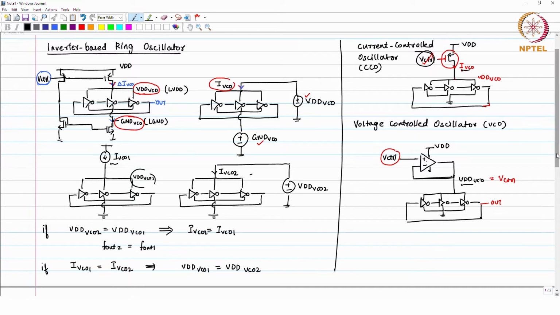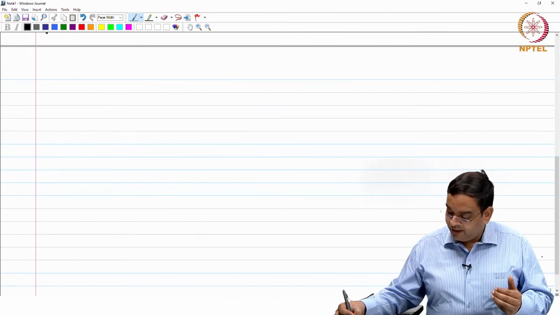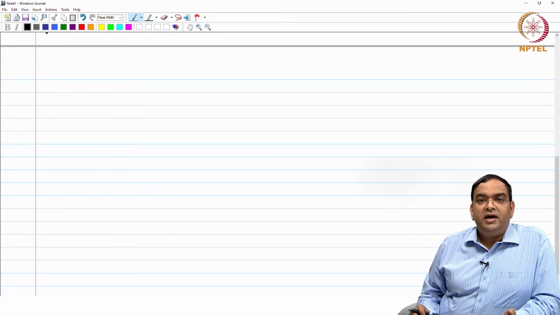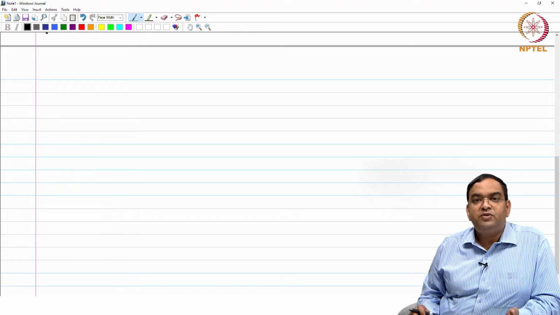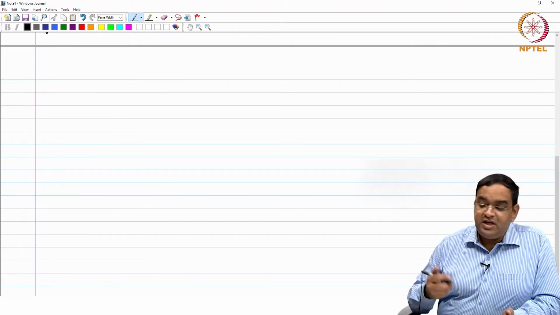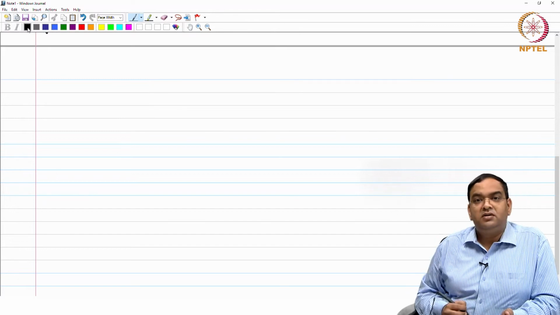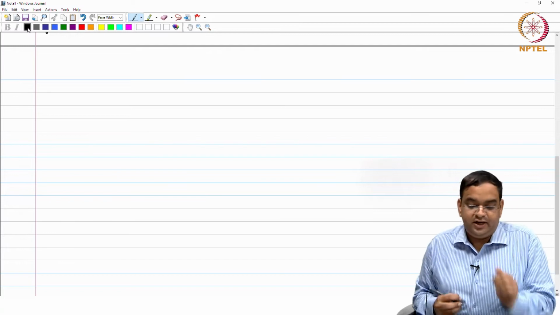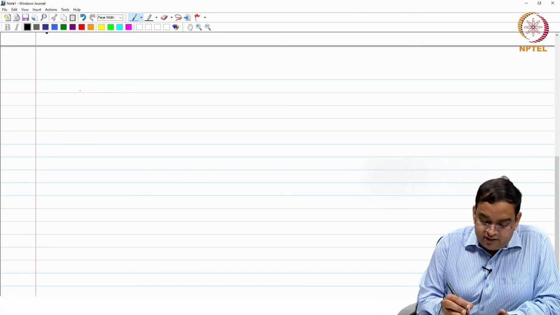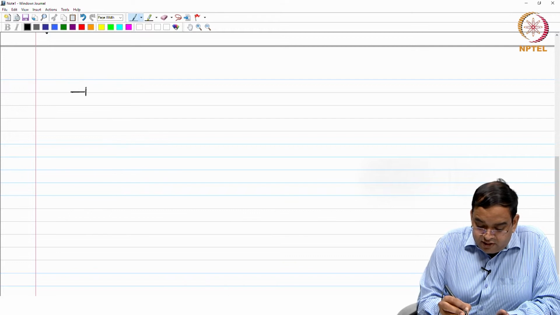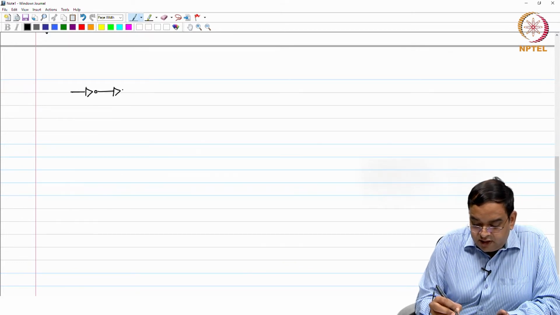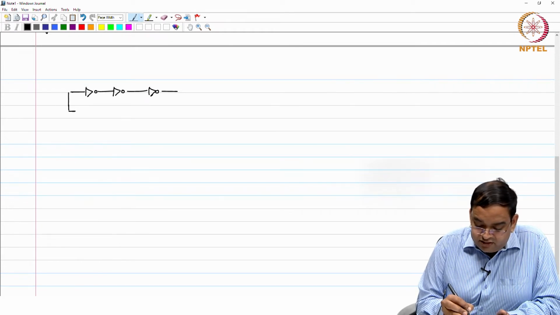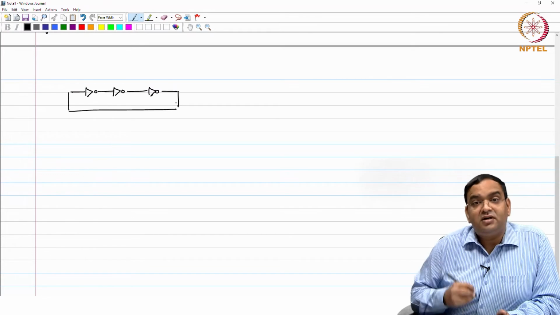Okay. Now, what we have seen so far is an inverter based oscillator, and in order to control the frequency of the inverter, we actually ended up controlling the supply voltage or the current of the oscillator. Okay. Now, one interesting thing here, let me just tell you, there are two things which we do not understand so far from our basic stuff.